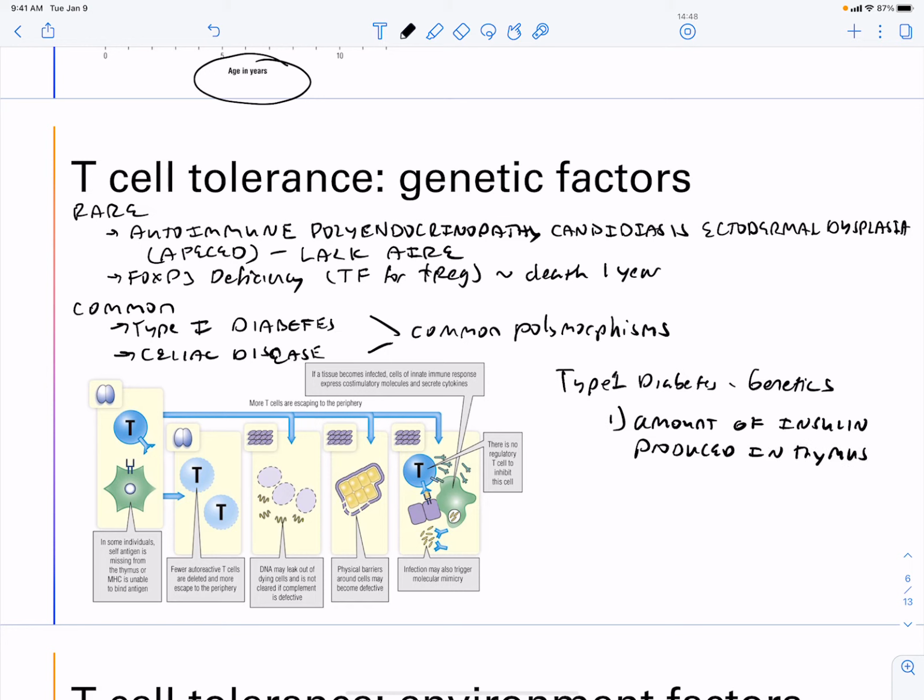And of course, the less insulin is actually produced in the thymus, the more the opportunity for an insulin-specific T cell to get released into the periphery. And of course, HLA, oops, not ILA, HLA has an influence as well.